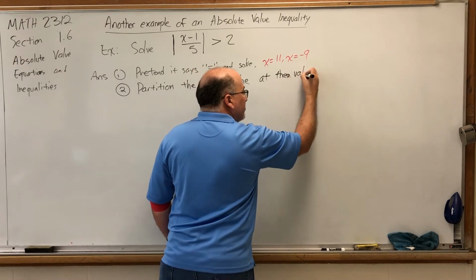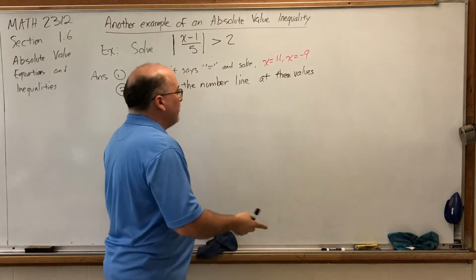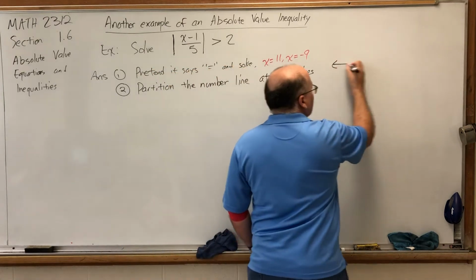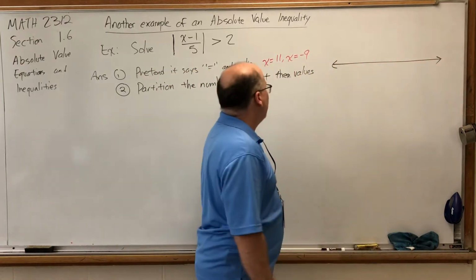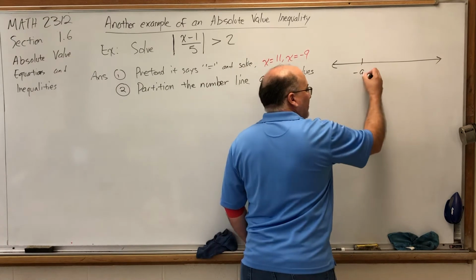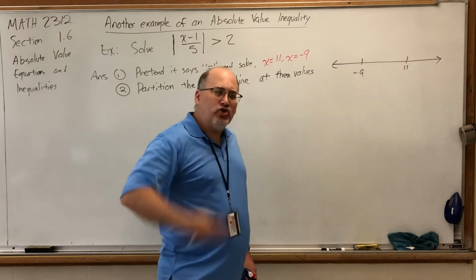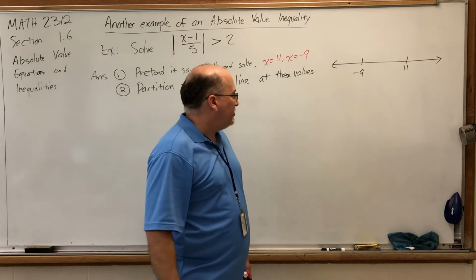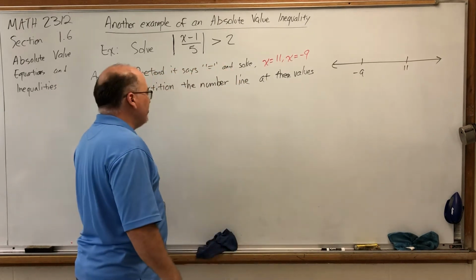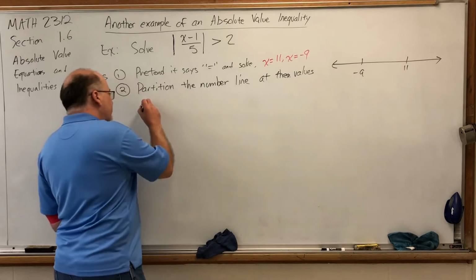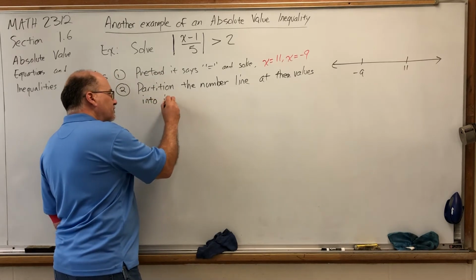At these values. So we're going to take the number line, locate -9 and 11. -9 would be to the left, 11 would be to the right. And imagine the number line being a piece of string that we cut at those two places. And we're partitioning the number line at these values into intervals.